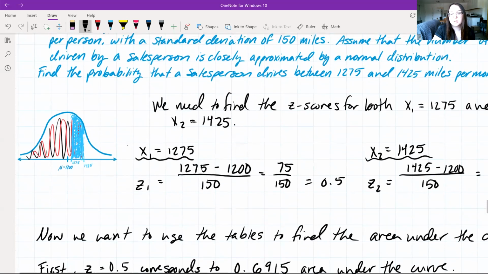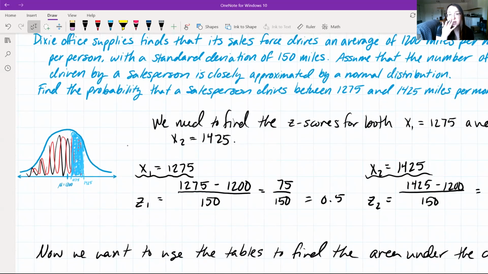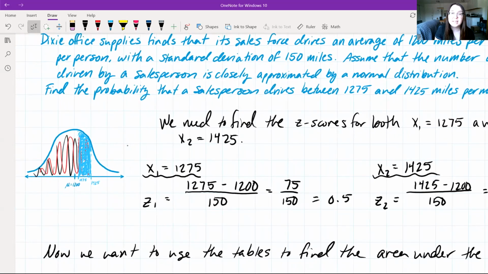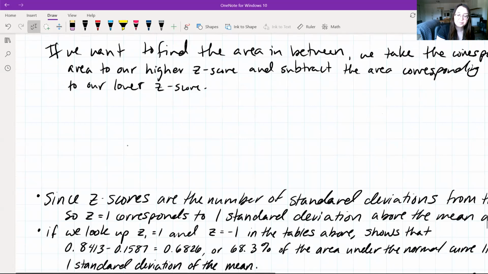When we say this, we're talking about the area under the curve. We do this because our question is asking us to find the probability that a salesperson would drive between these two values. So if we need to find the probability, this tells us that we need to find the area under the curve between these two values.